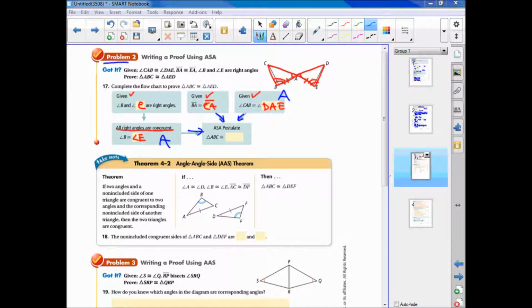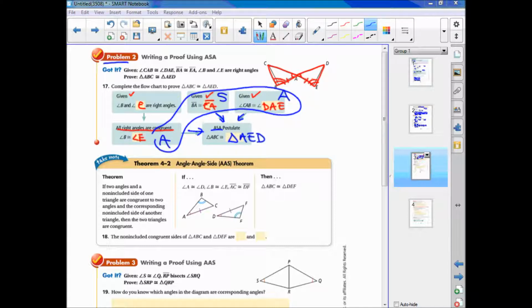And this set of sides here are the included sides between them. So that's why we have angle side angle. So triangle ABC and triangle AED, make sure I get my corresponding angles in the same spot, are congruent by angle side angle. And here it is right here showing it. So it takes all 3 of these things to prove angle side angle.